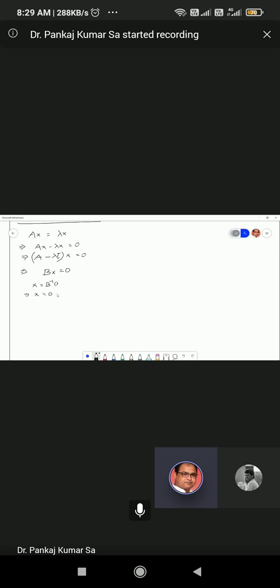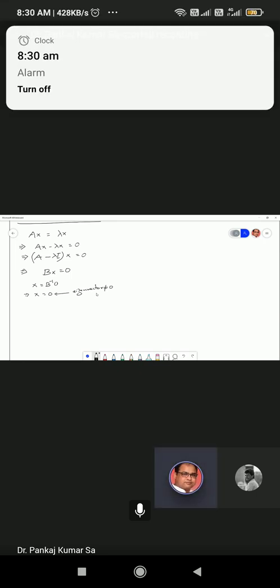But this is something contradictory. Eigenvector cannot be 0, isn't it?